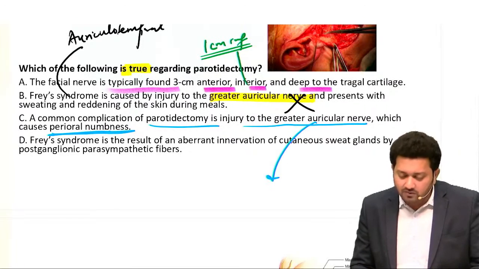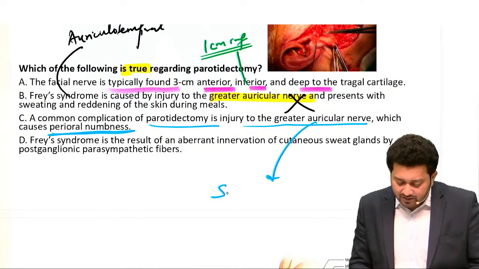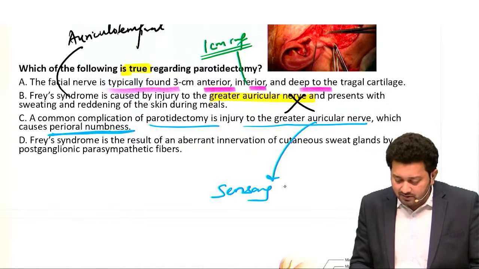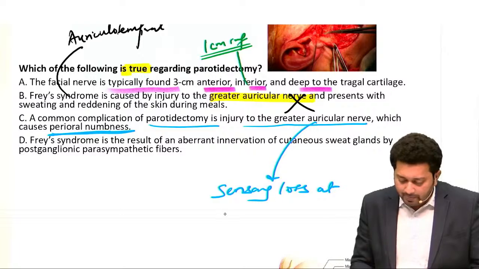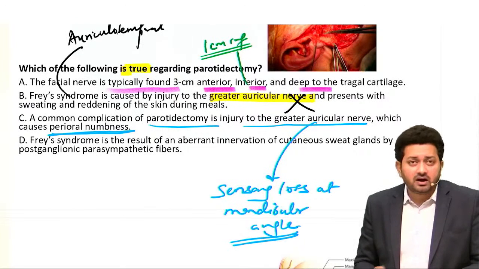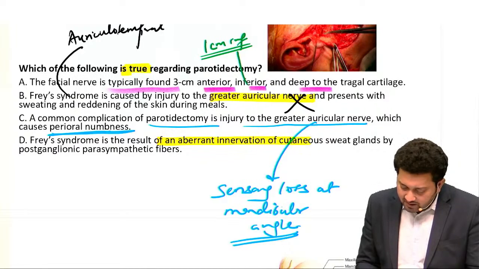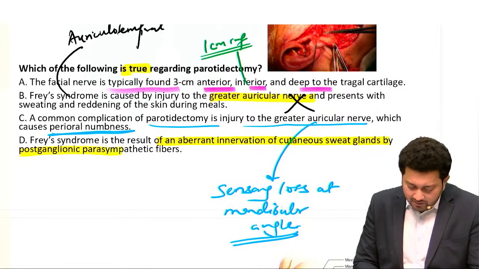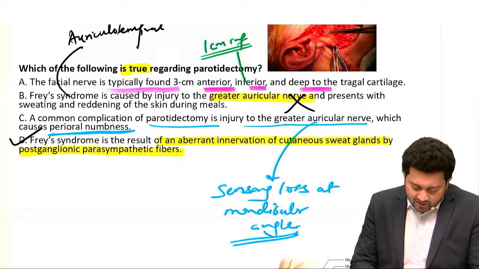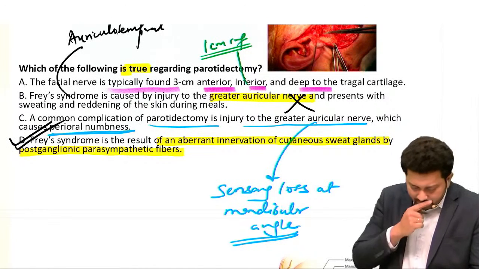See, if the greater auricular nerve is injured, it causes loss of sensation near the angle of the mandible. Sensory loss at the mandibular angle. Perioral numbness is more a feature of hypocalcemia. Frey syndrome as a result of aberrant innervation of sweat glands by the postganglionic parasympathetic fibers is the correct answer. Most of you are also saying the same thing.